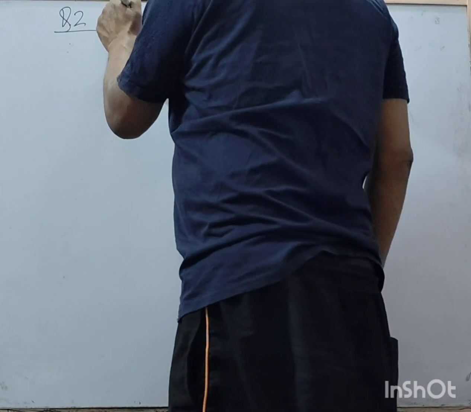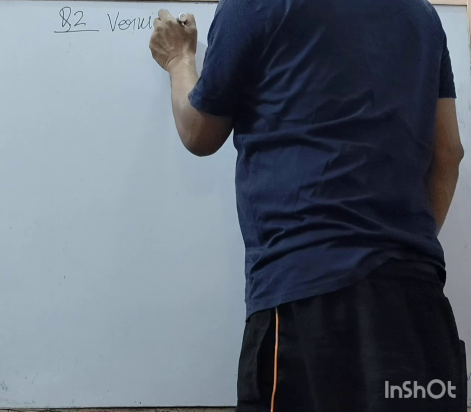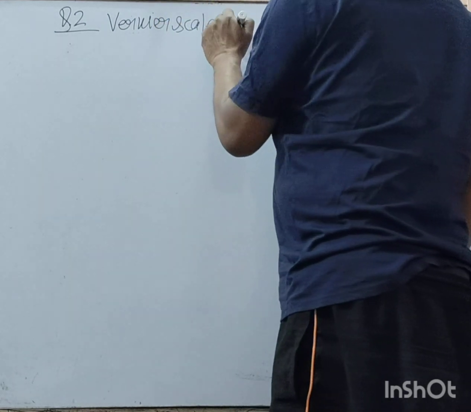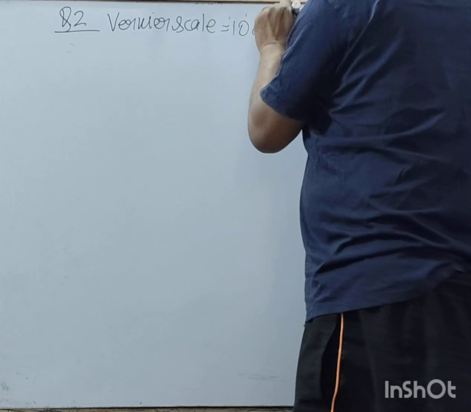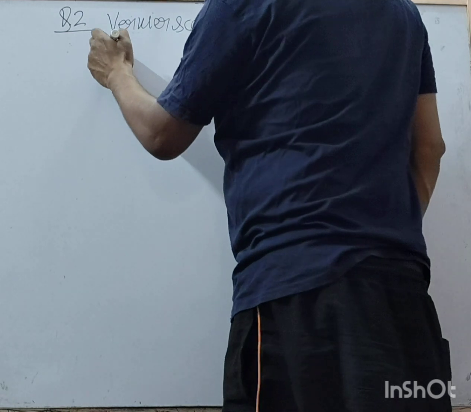The vernier scale has 10 divisions, and they are equal to 9 divisions of the main scale.